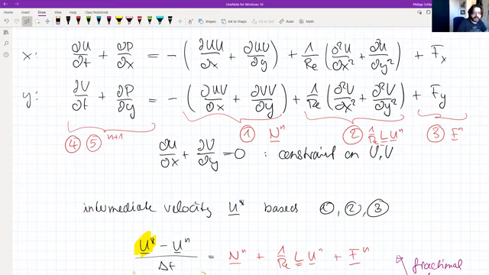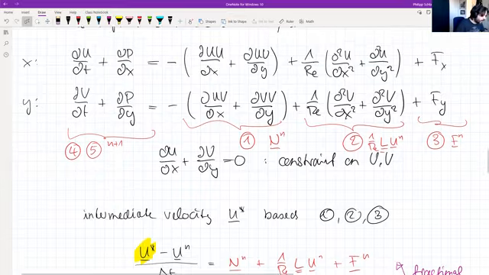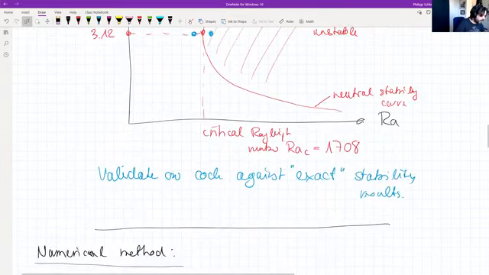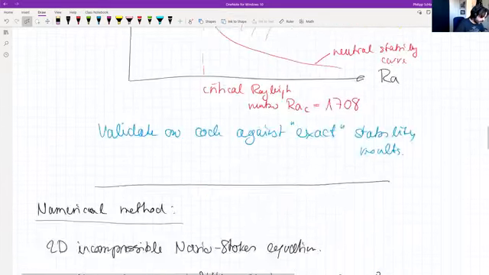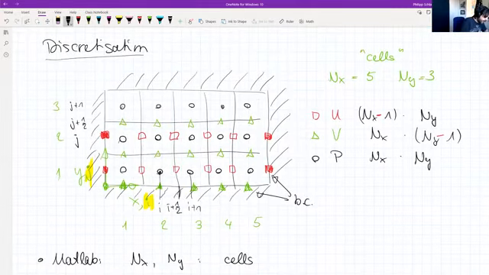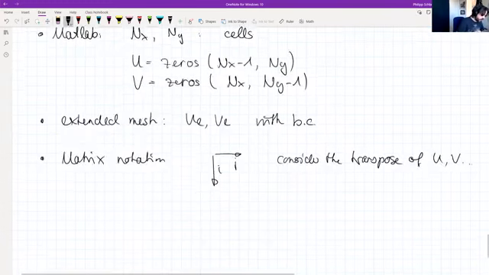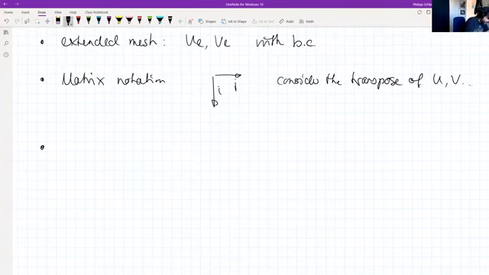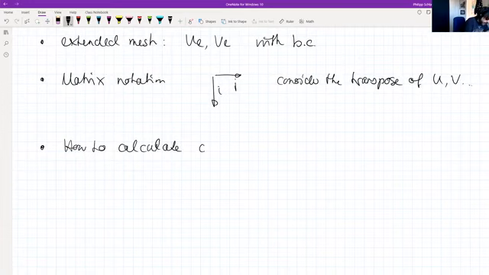And for that, we need to understand how to move between the squares and the circles, where the mesh is. Let's now look at how to calculate the convective terms.